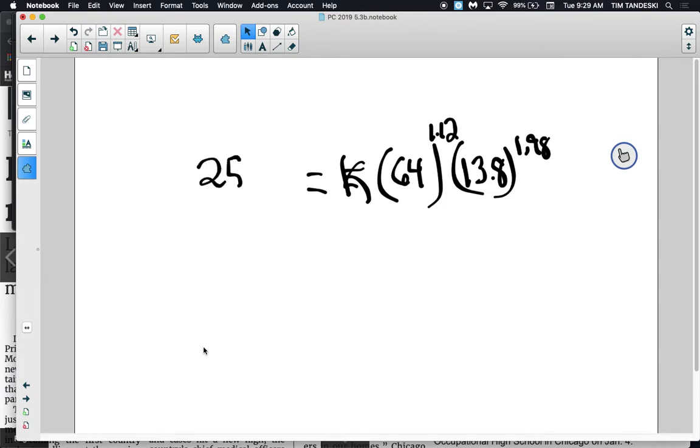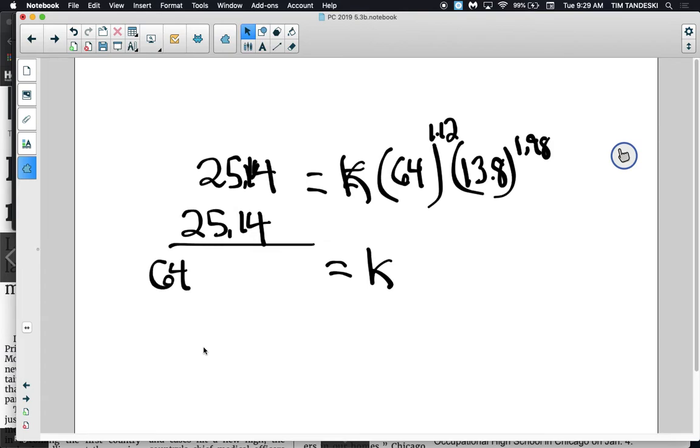So now, in order to solve for k this time, I'm going to have to divide by 64 to the 1.12 power. I'm going to get 25.14 divided by 64 to the 1.12 power times 13.8 to the 1.98 power.